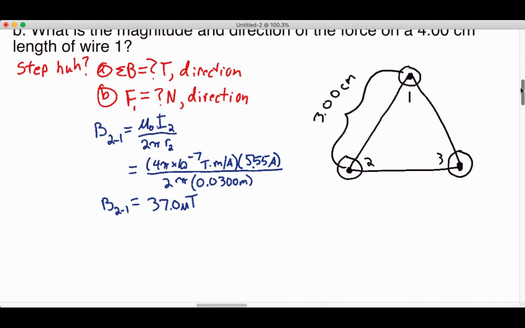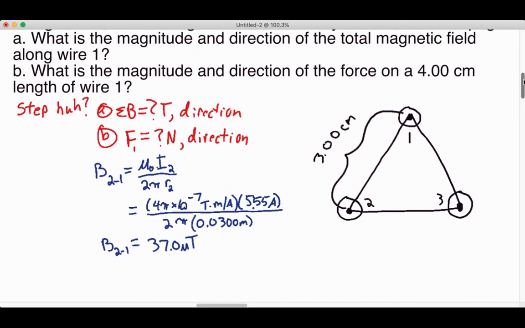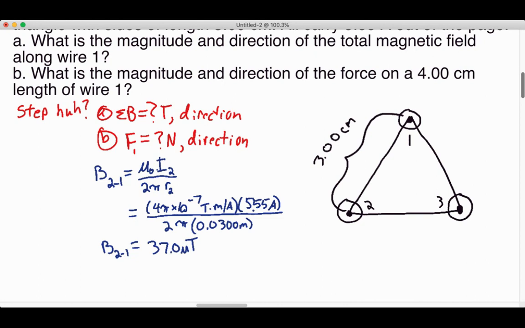Let's continue this line out to here. With the grip rule, if you're pointing your thumb towards you down here, your fingers up here should be pointing over in this direction. So that's approximately the direction we've got, B of 2 on 1.